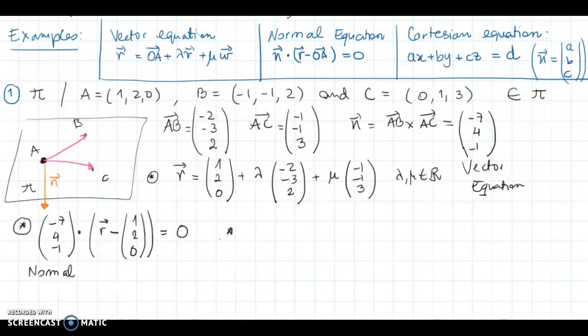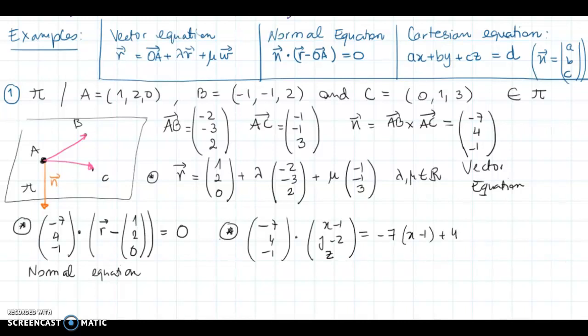If we want to now write the Cartesian equation, we just need to actually do that dot product that we have in the previous form. So we are going to have (-7, 4, -1) dot product (x - 1, y - 2, z), and this is then -7 is multiplying x minus 1, plus 4 multiplying y minus 2, minus z is equal to 0.